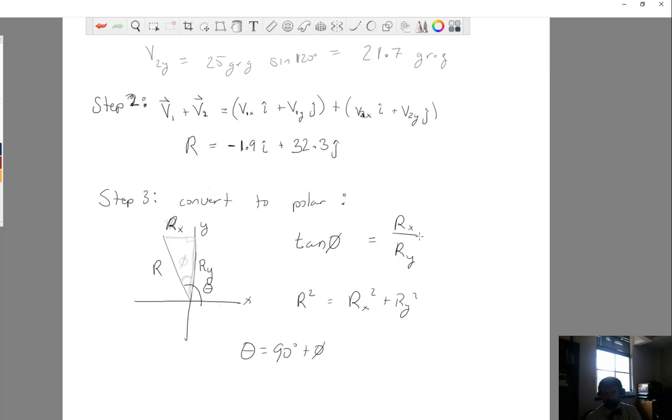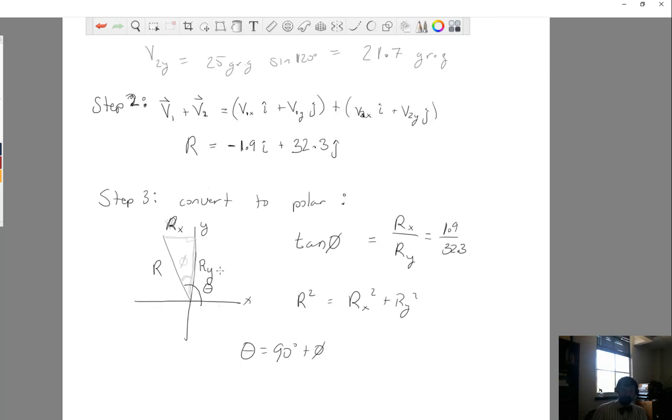So plugging in numbers, this one right here, rx over ry, we'd have 1.9 divided by 32.3. Notice that I'm getting rid of the signs here because I'm already keeping track of which direction it is by what quadrants it's in and what I had to add to phi in order to get theta.